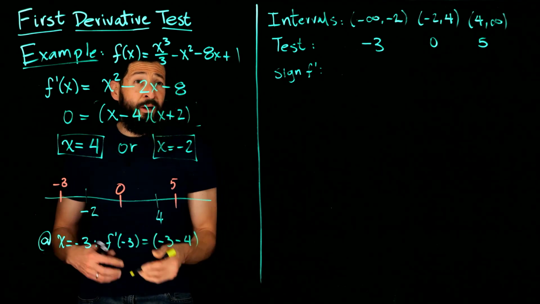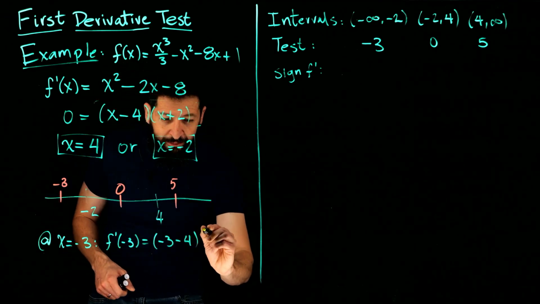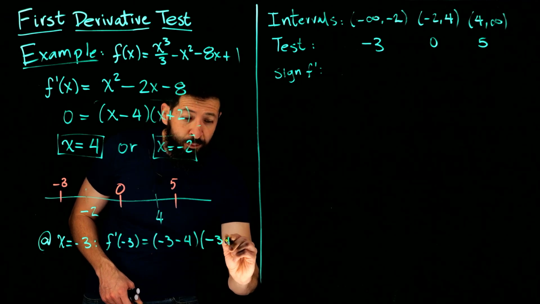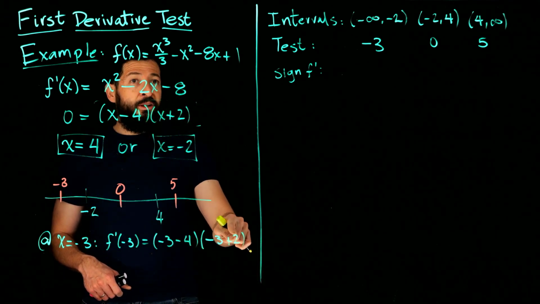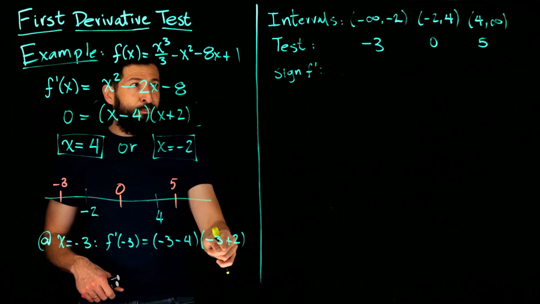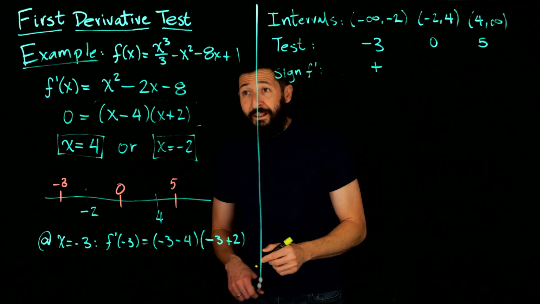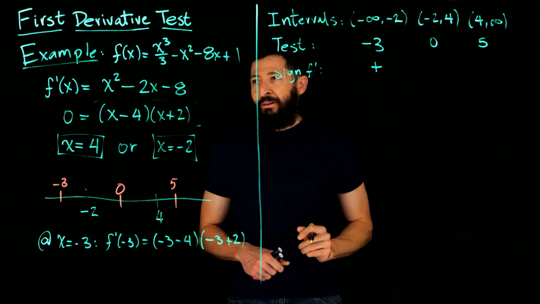That's a negative number. I don't care about the number. It's negative. -7, but we don't care. Then you have -3 plus 2. So just plugging it in here. -3 plus 2 is negative. Negative times negative is positive. That's all I record. I don't really care for the value I get. I just care about the sign.